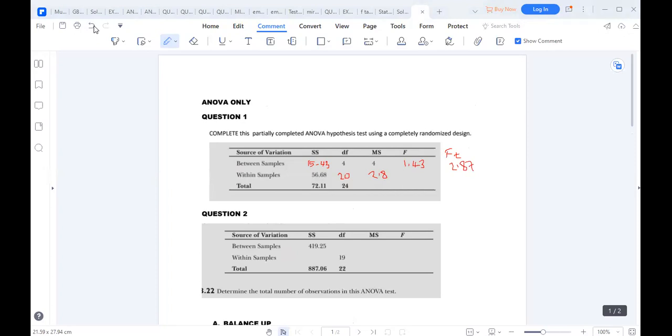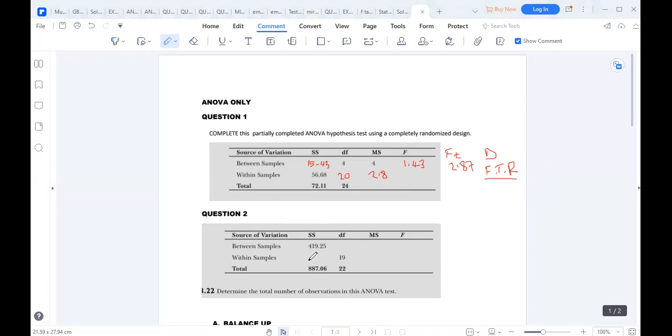We fail to reject, because the F calculated is less than the one we found. So that is the decision.